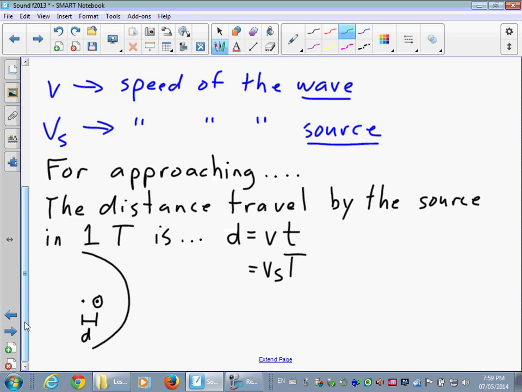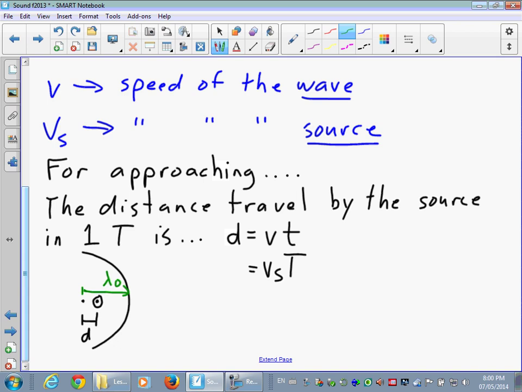If we look at this diagram, the wavelength being produced from the source, from right there to right here, that is the original wavelength. So forget about the second wave. Just look at the first wave.